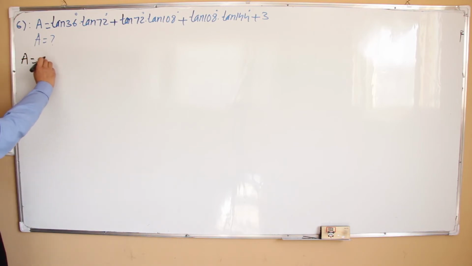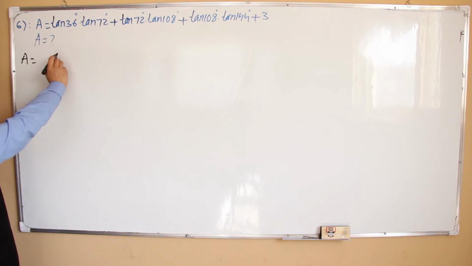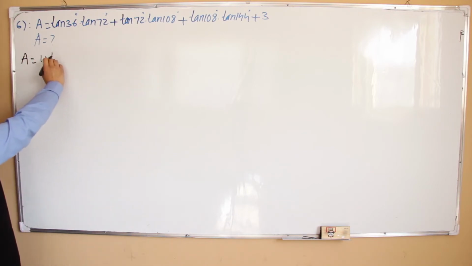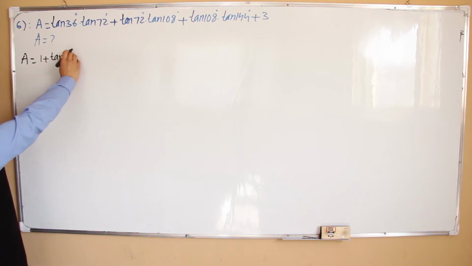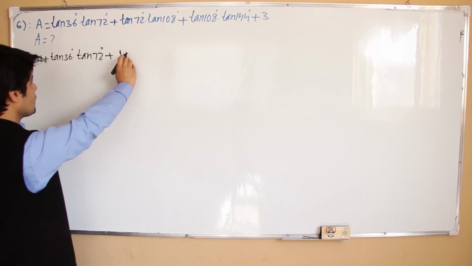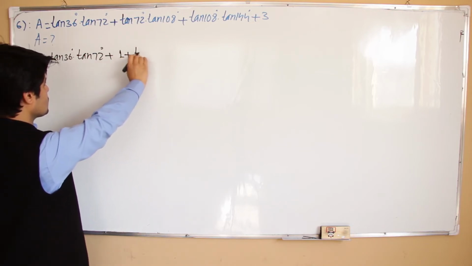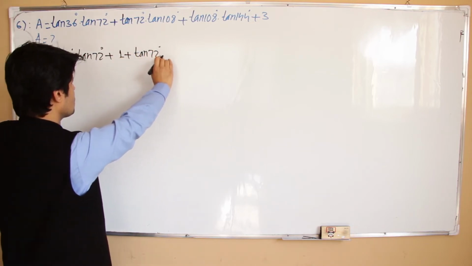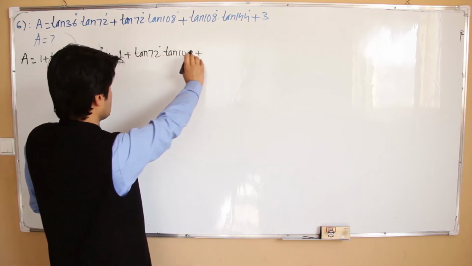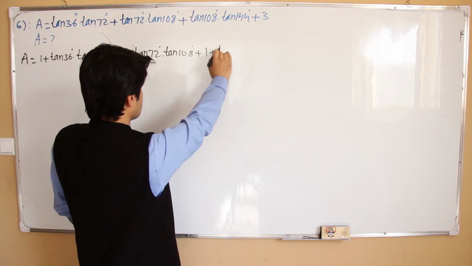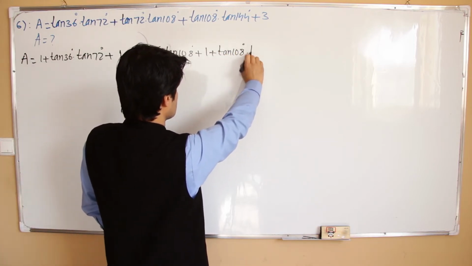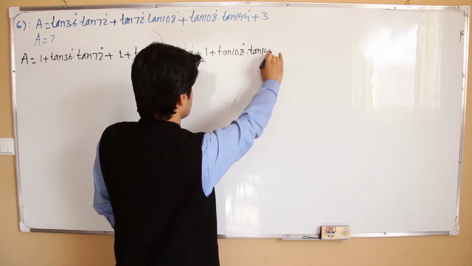A is equal to, instead of 3, I can write 1 plus tangent 36 degree times tangent 72 degree, plus 1 plus tangent 72 tangent 108, and plus 1 plus tangent 108 degree times tangent 144.